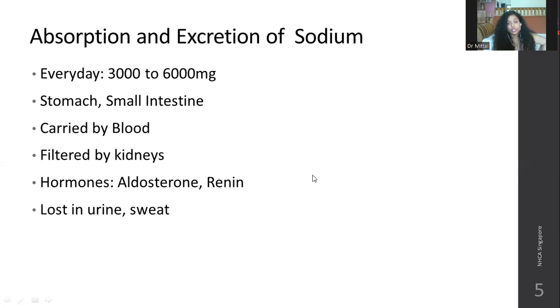When you are losing sodium in sweat, it is not always excess sodium. You will generally lose sodium in sweat, whether or not excess sodium is there in your body. These two hormones, aldosterone and renin, control the absorption and excretion of sodium.